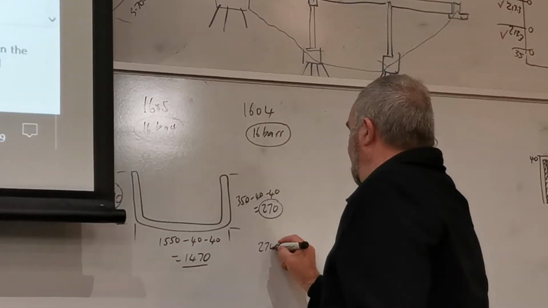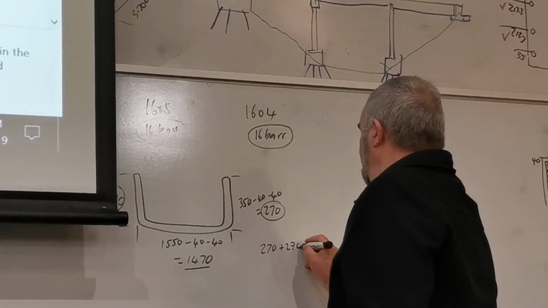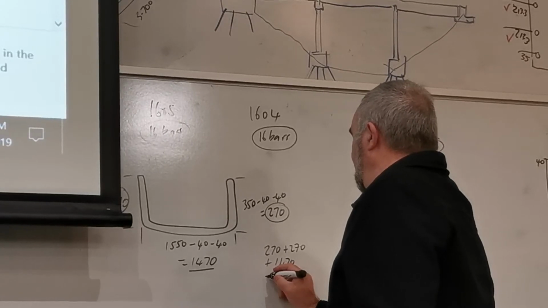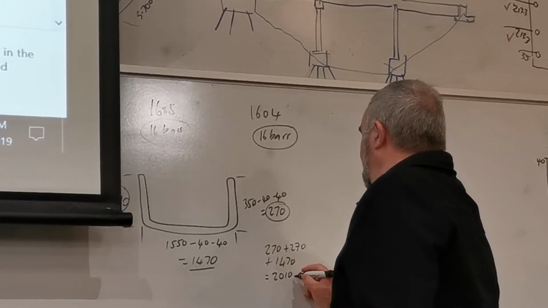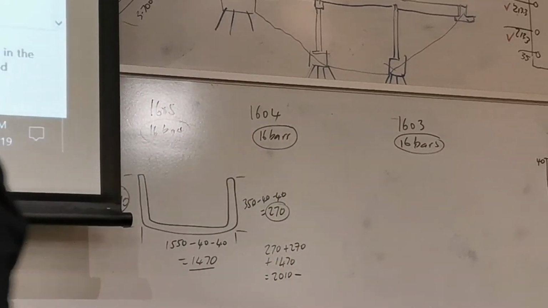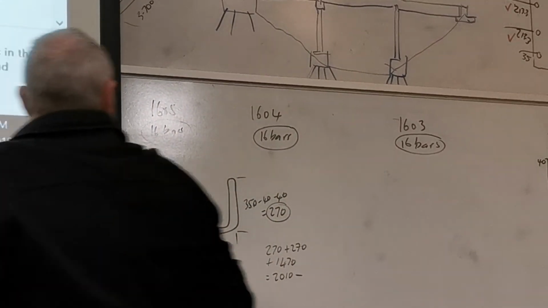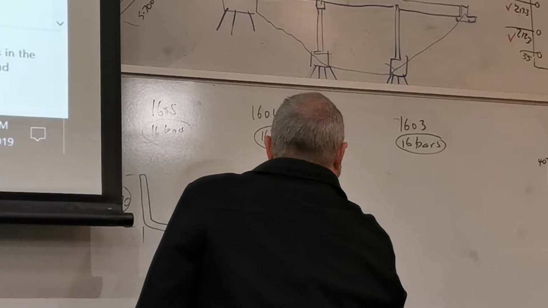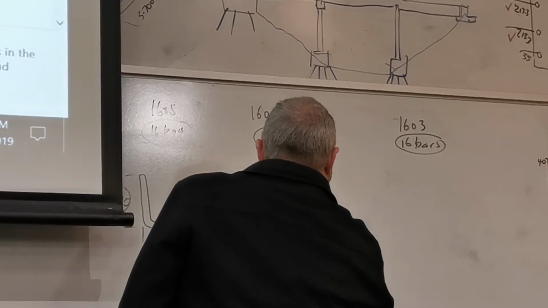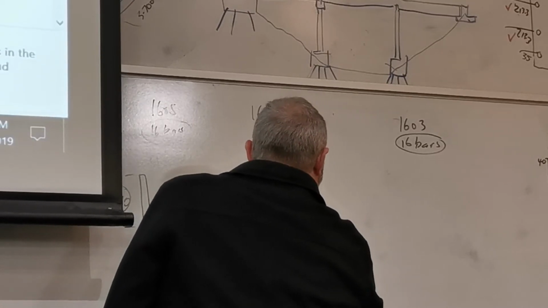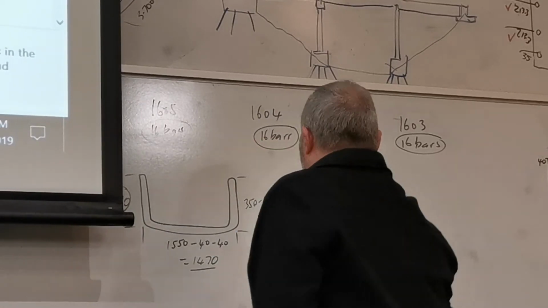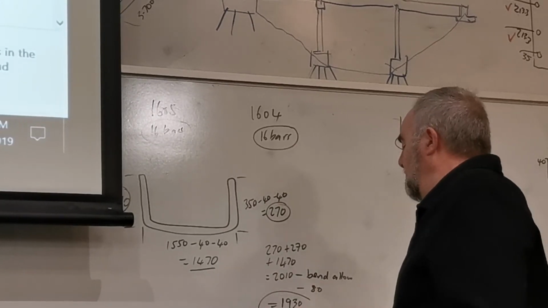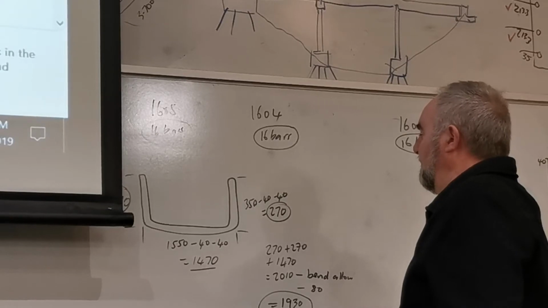Therefore it's 270 plus 270 plus 1470 equals 2010, minus the bend allowance, minus 80, which equals 1930. So there's your length.